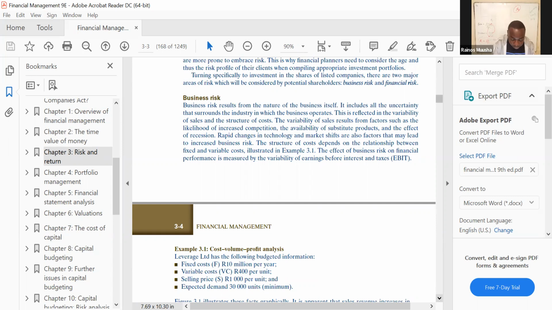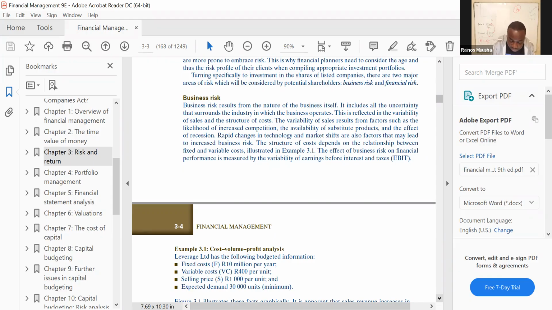So here, when they talk about business risk, they say business risk results from the nature of the business itself. It includes all the uncertainty that surrounds the industry in which the business operates. So this is reflected in the variability of sales and the structure of costs.